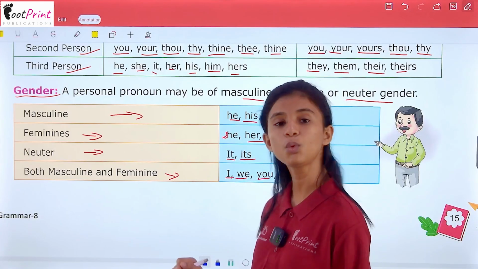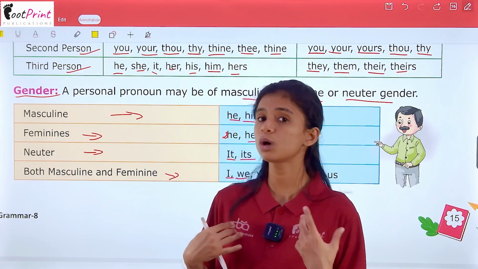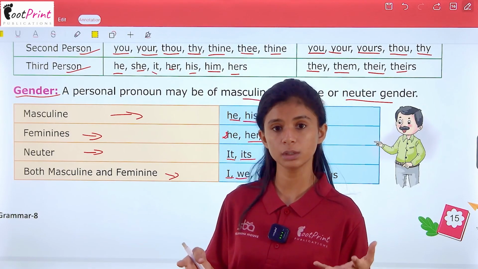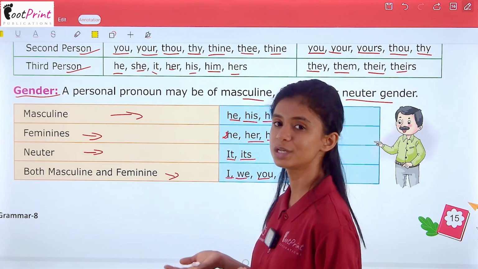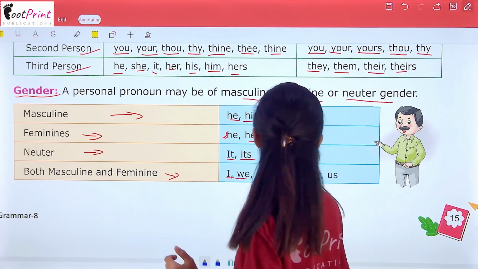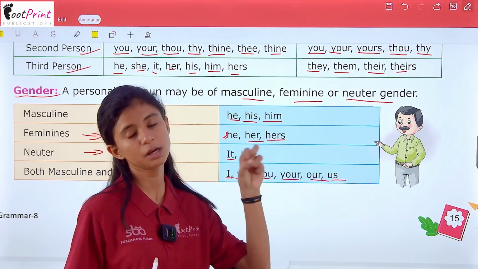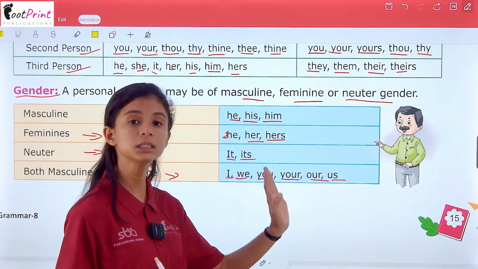You can be a boy or a girl, both. I don't know whether a girl is watching my video or a boy, right? You are both a girl student and a boy student. Both are watching my videos, right? So, you is also gender neutral. Your, our and us, all these are examples of both masculine and feminine genders because both genders can be covered in this section.